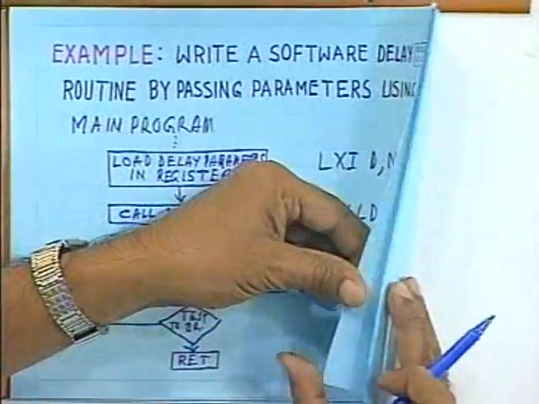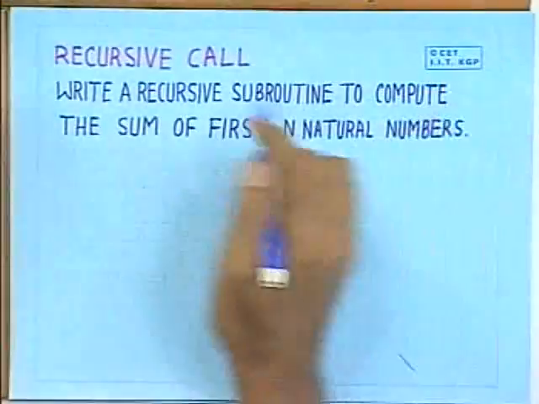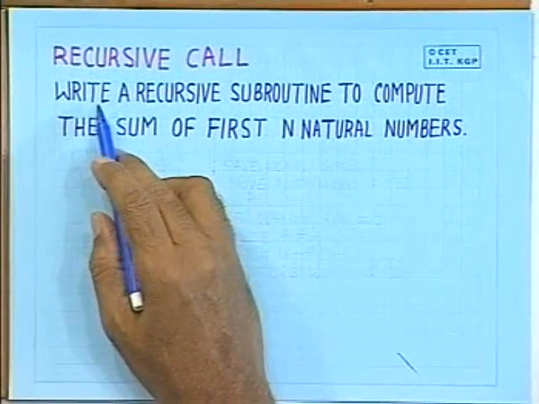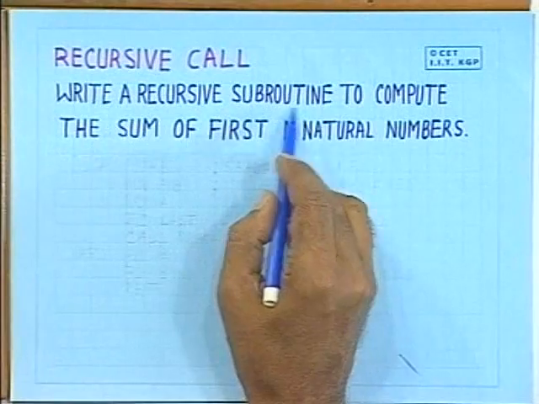One important extension of this nested subroutine call is the recursive routine. Recursive call. In this case, the subroutine is calling itself.